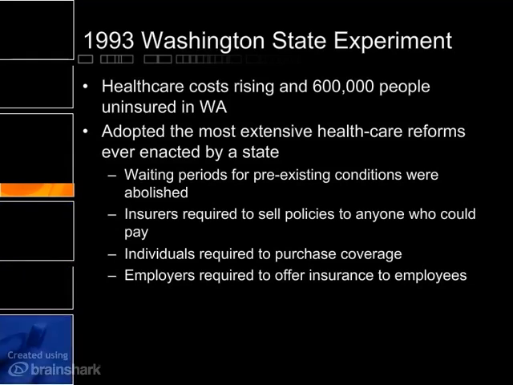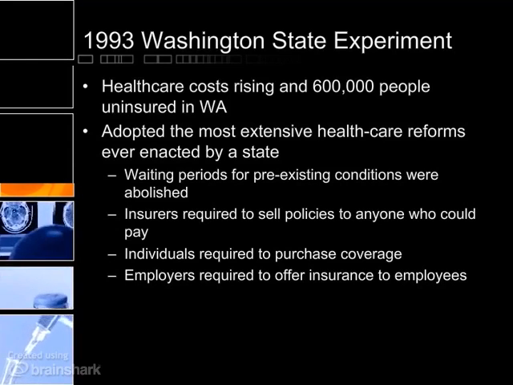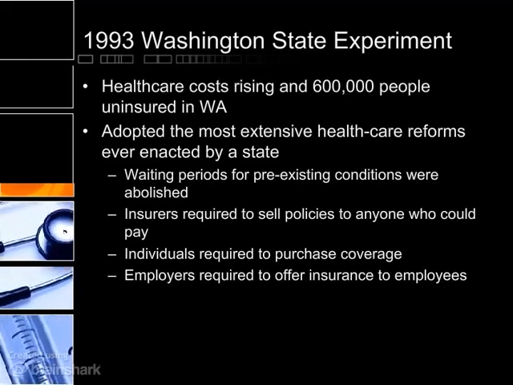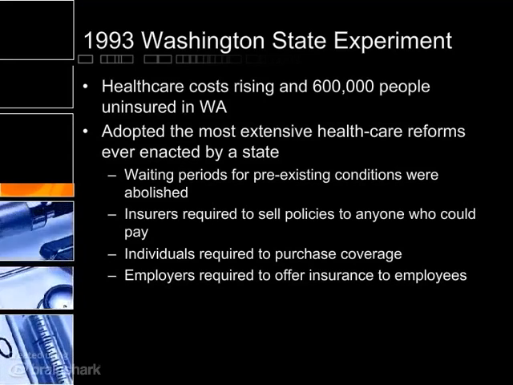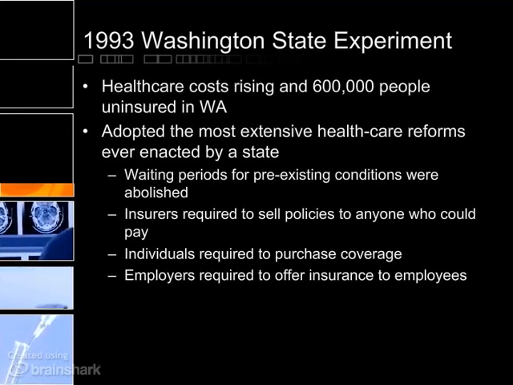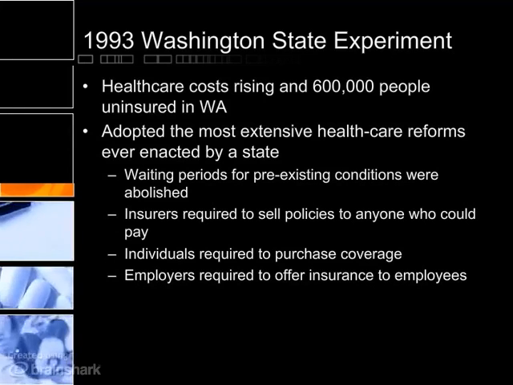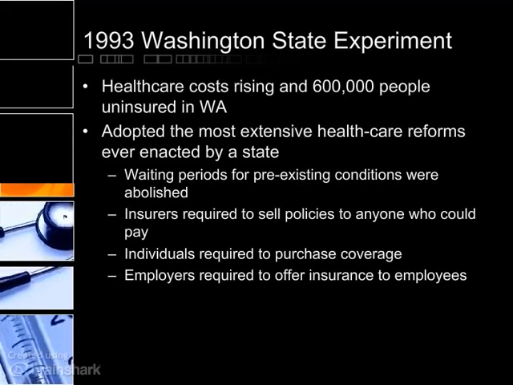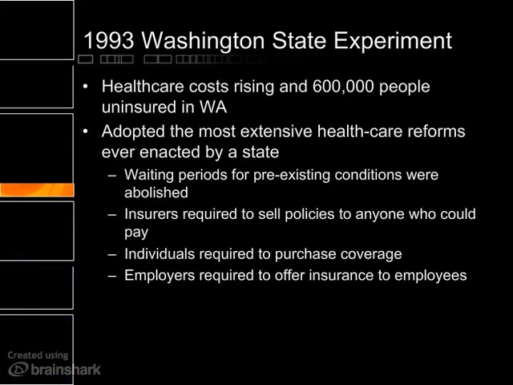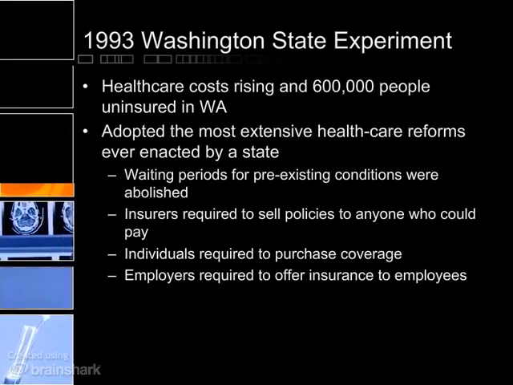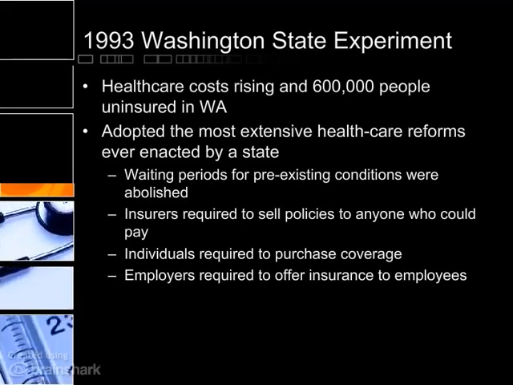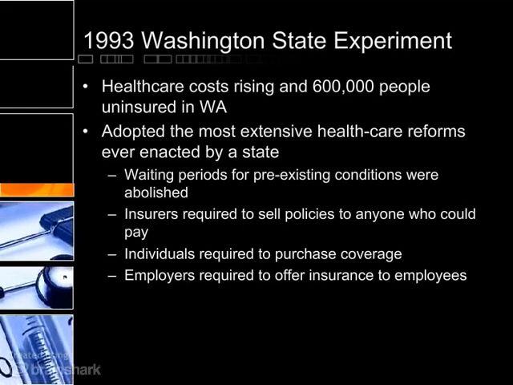Insurers were required to sell policies to anyone who could pay. Individuals were required to purchase coverage. And you might recall that this is one of the cornerstones of the Affordable Care Act, and it's controversial. However, if you think about how car insurance works, the reason our car insurance policies are actually affordable is because we have a wide pool of people who are paying into that premium pool.